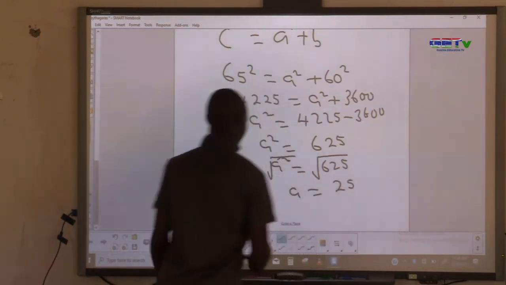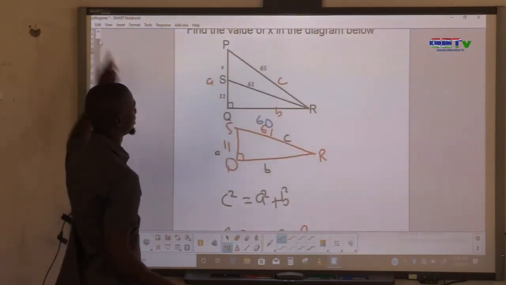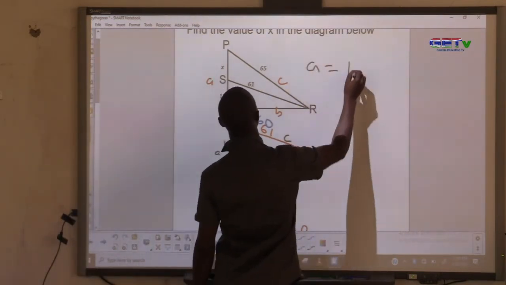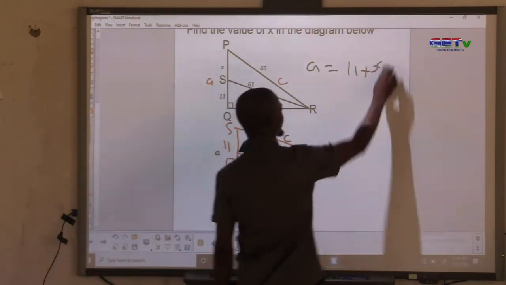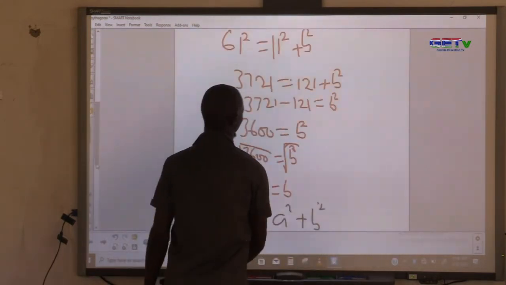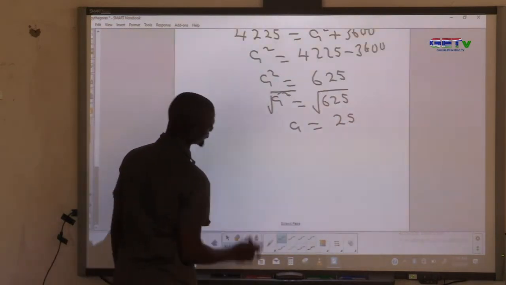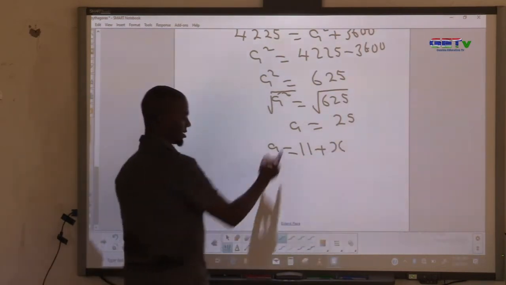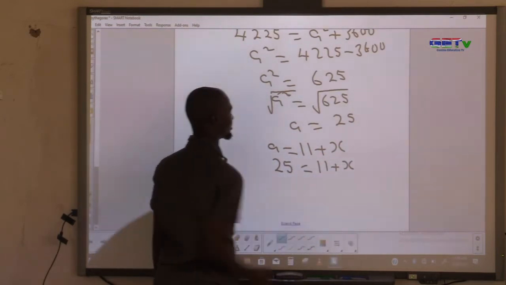That is the value of A. But we know our A is equals to 11 plus x. A is 25, which is equals to 11 plus x.